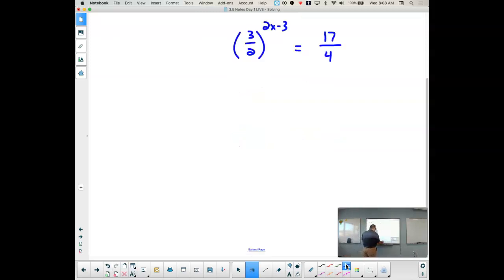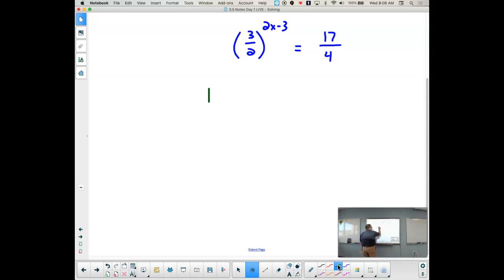So my next course of action: I can't go any further. I mathematically can't do anything else. So I am going to switch it to logarithmic form.